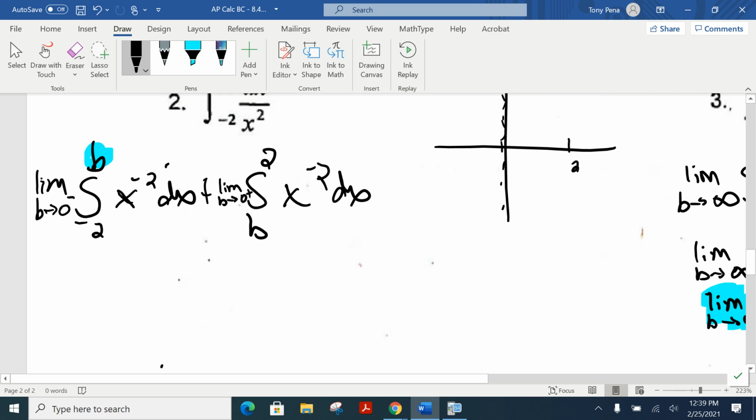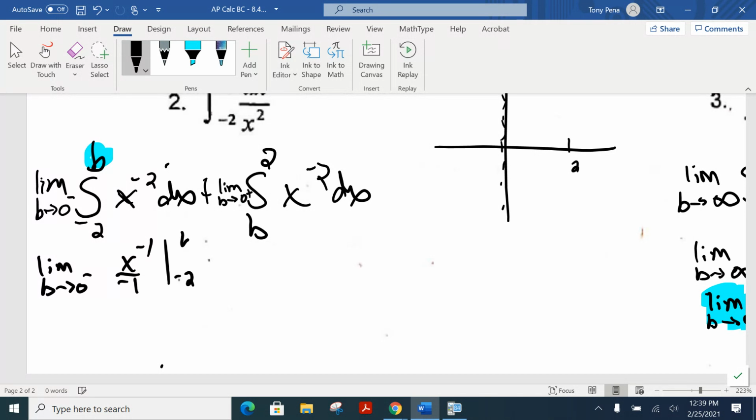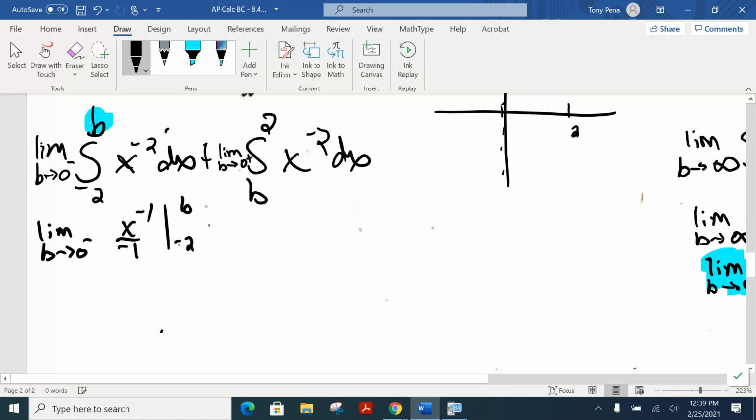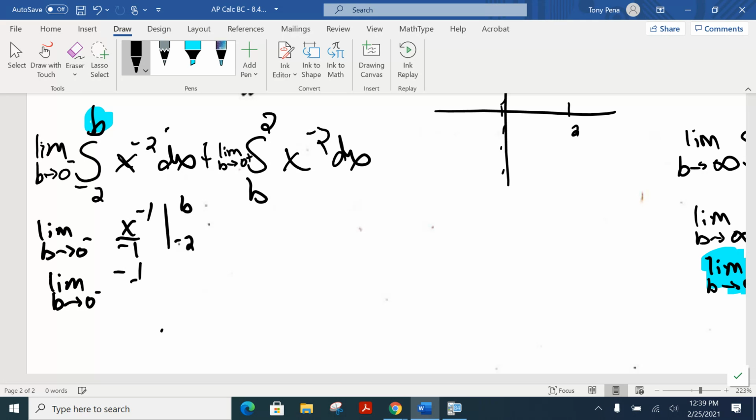So as we go through this first one, we'll do the one on the left, the limit as we approach 0 from the left. This would give me x to the negative 1 over negative 1 from negative 2 to b. So I'm going to get negative 1 over x from negative 2 to b.